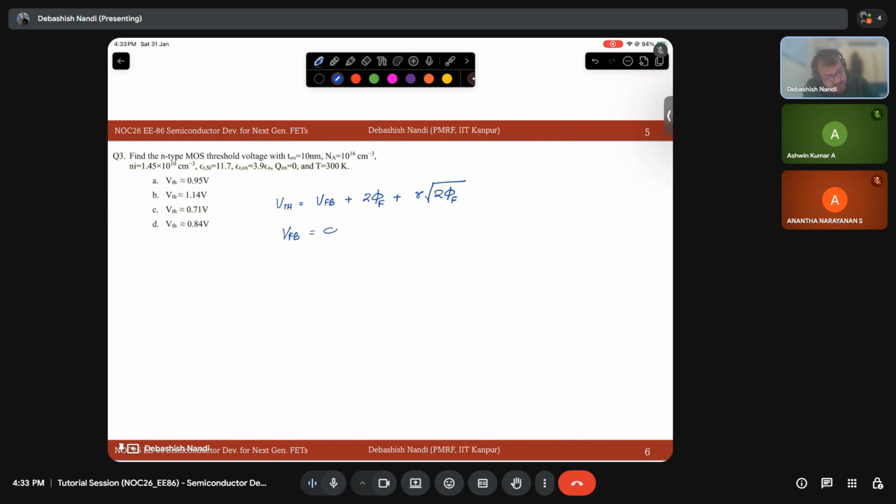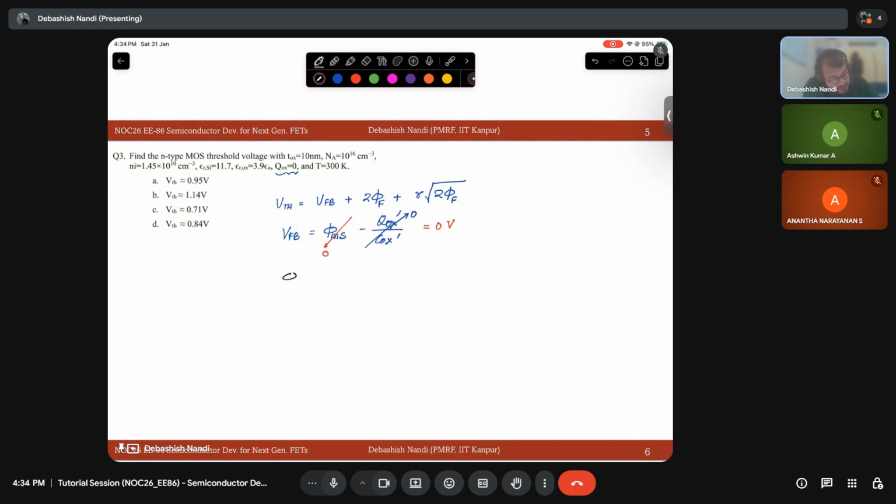VFB is basically your phi ms minus oxide charge Qox divided by Cox. Qox is 0, so this part is 0. Phi ms we are not given, we are not given any information, so we'll consider this 0.